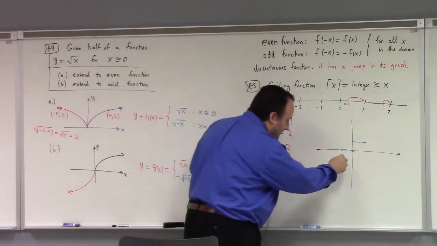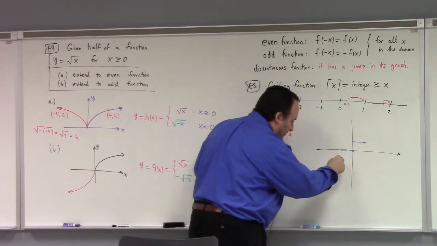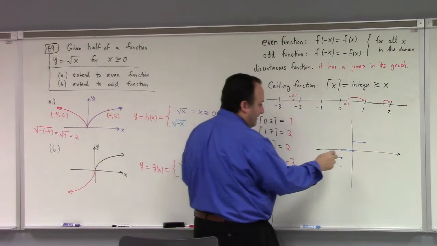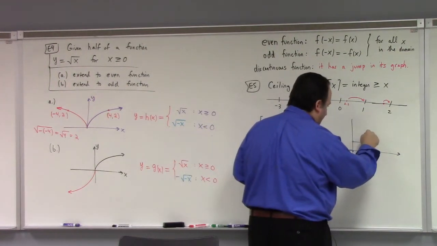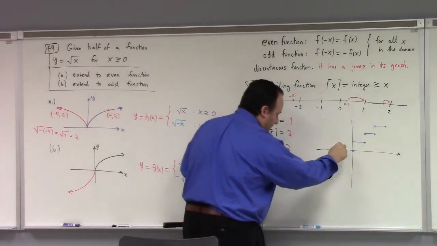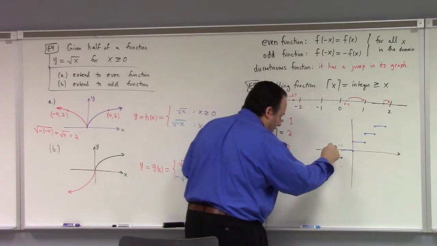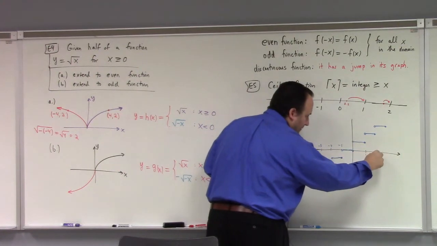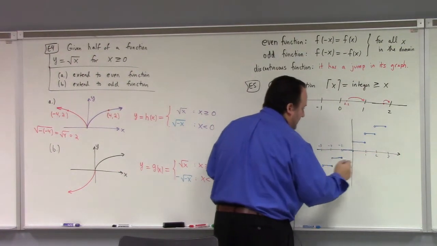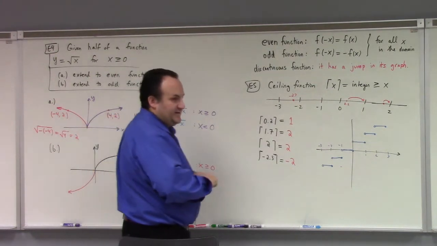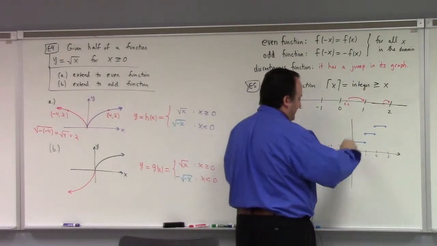So let me draw a few more and talk about it. So this would be like -1, -2, -3, 1, 2, 3, and so forth and so on. It's like an infinite staircase, the graph here.